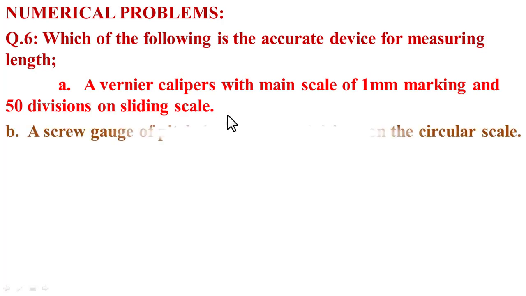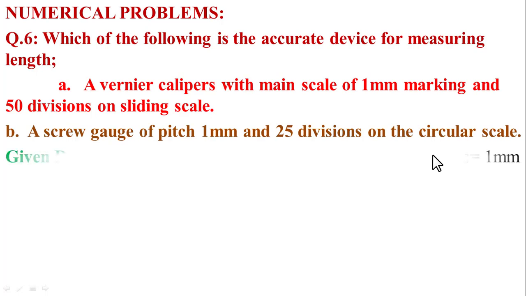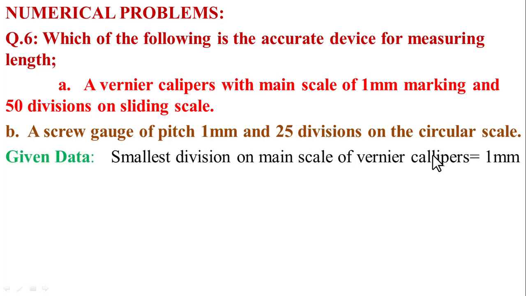Now in part B, a screw gauge with a pitch of 1 millimeter and 25 divisions on the circular scale. So first of all, write the given data.